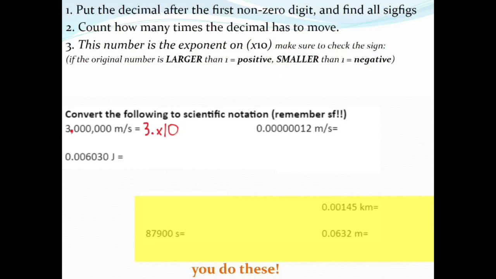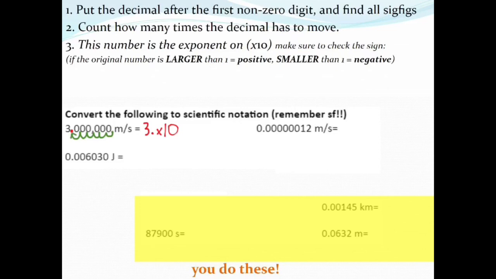So now we can count how many times that decimal had to move to get to where it is. And I know this confuses some people because there wasn't a decimal in our original number, but the only place a decimal could be where we couldn't see it is kind of invisible there at the very end of this number. So that's where it started, and I always have to draw these little loops to count how many times it moved.